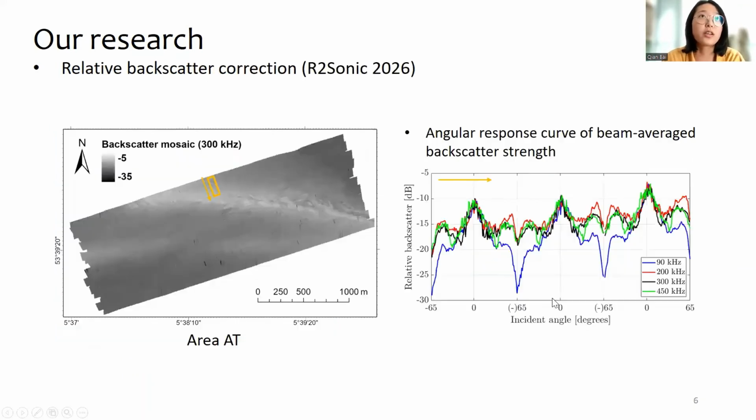Regarding our backscatter research, we currently only did a relative correction by accounting for the effect of transmission loss, sonar settings, and beam footprint size.